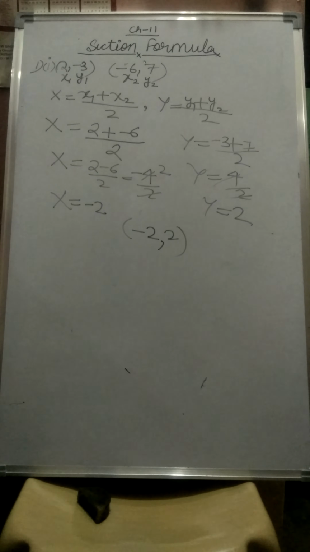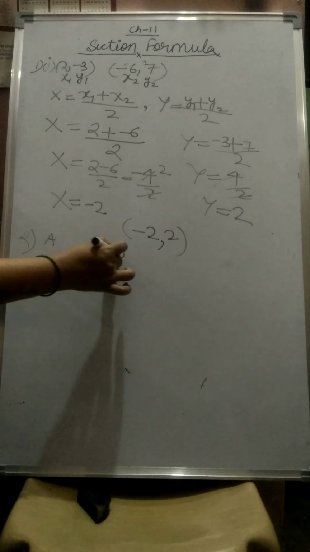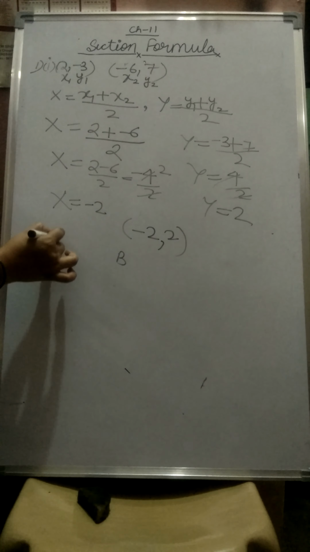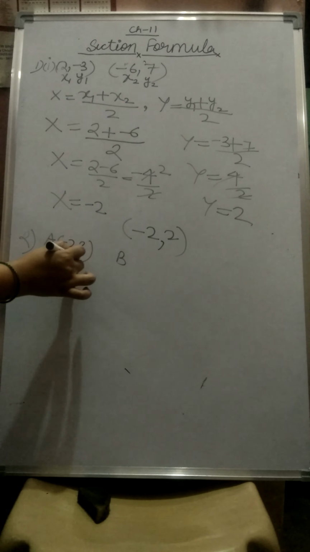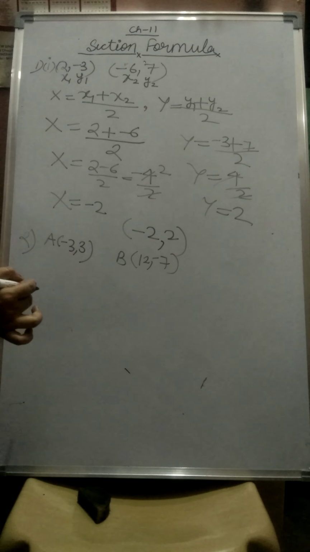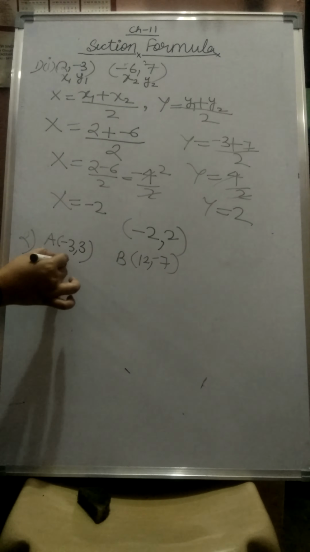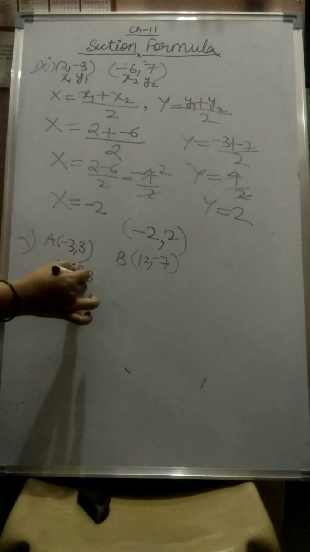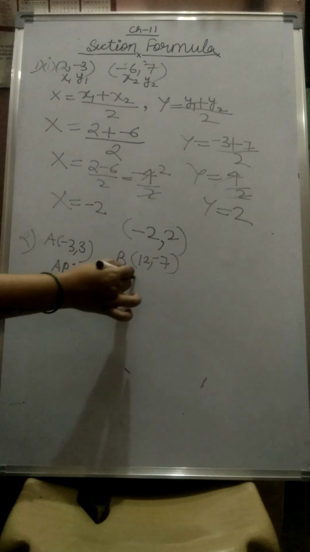Now the second question: the coordinates of two points A and B are given respectively. P is a point on the line AB such that AP is to PB is equal to 2 is to 3. Find the coordinates of P. We have the coordinate of A as minus 3 comma 3, and the coordinate of B is 12 comma minus 7, and AP is to PB is 2 is to 3.